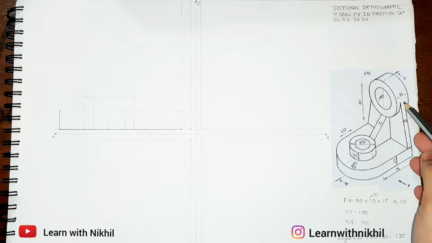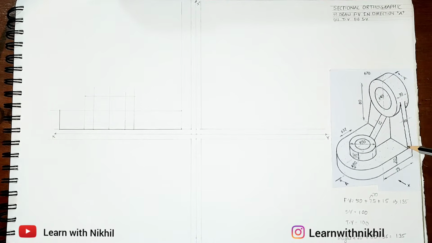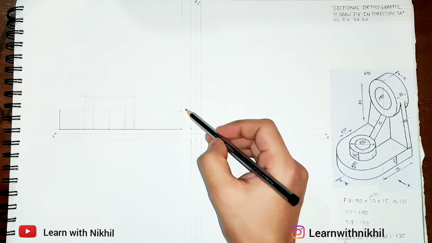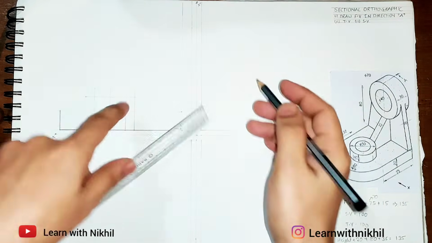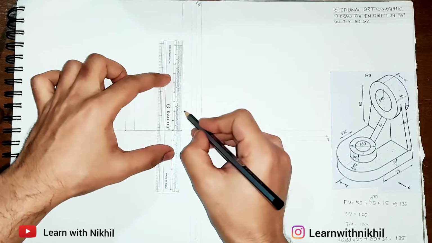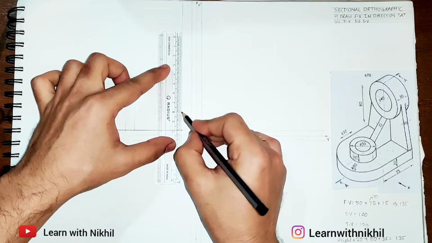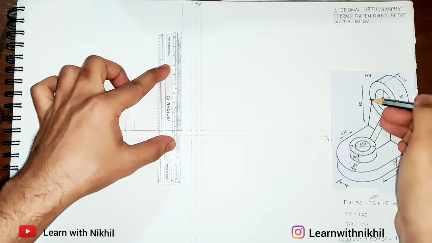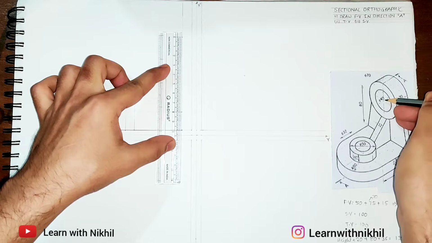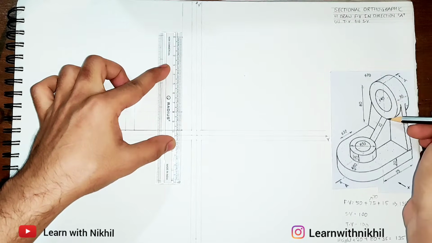Now next we'll draw this circle. It is at a height of 80. Its center is at a height of 80. So first I'll mark the points. From here, this point 80 above, I'll mark a point that will be the center point. Through that center point, you have a smaller circle of diameter 40 and bigger circle of diameter 70.